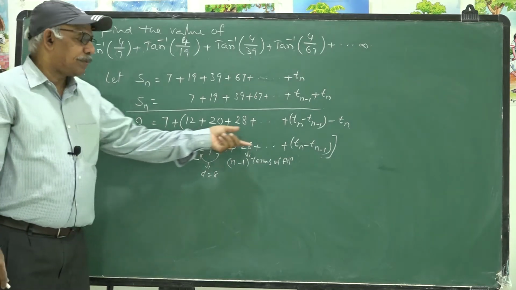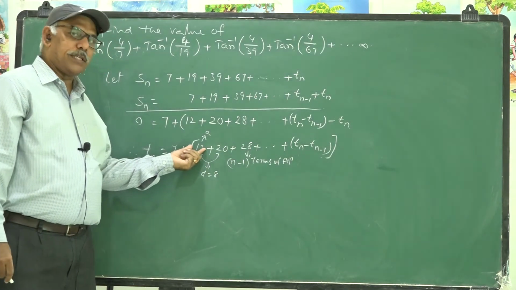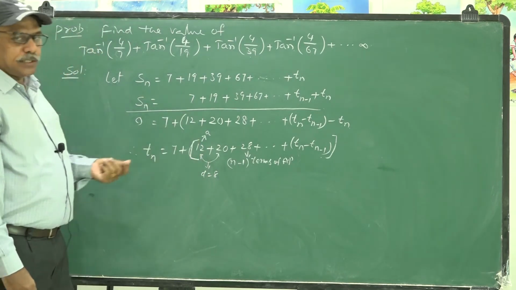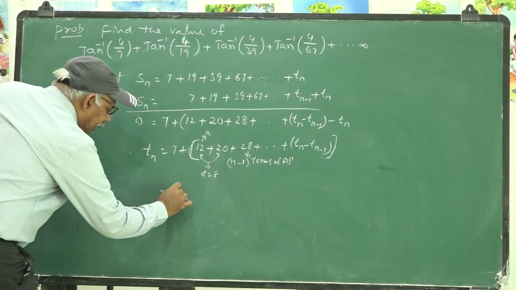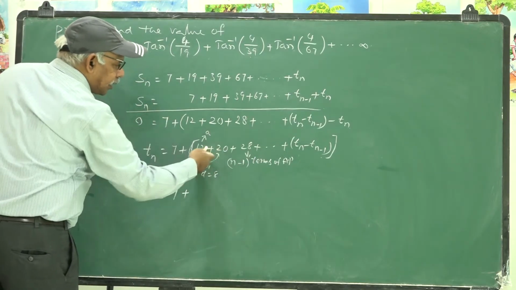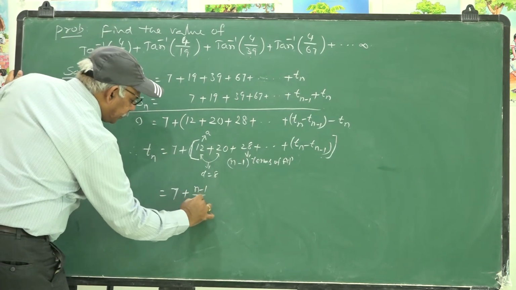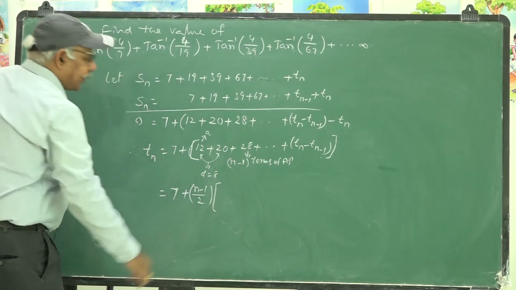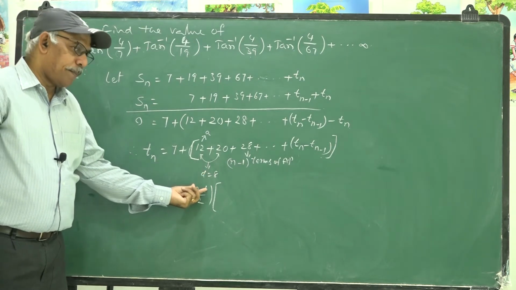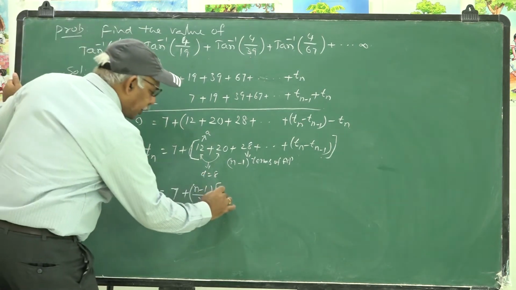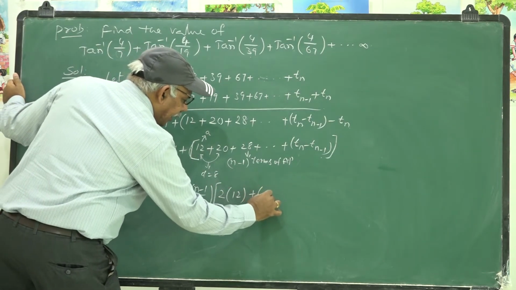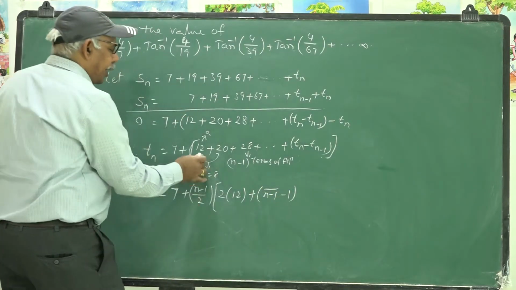So the sum of n minus 1 terms of an AP whose initial term is 12 and common difference is 8: Tn is 7 plus n minus 1 by 2 into 2a, where a is 12, plus n minus 1 minus 1 into d, which is 8.